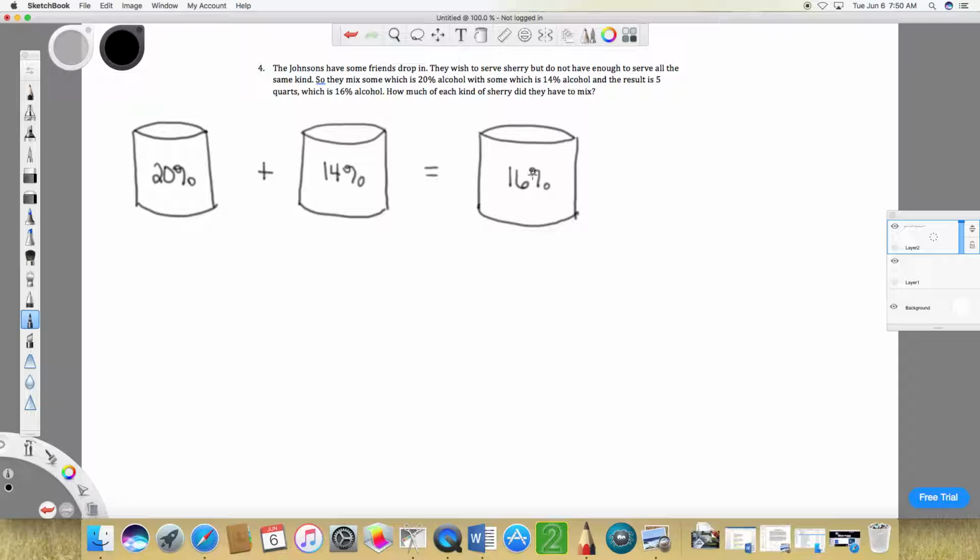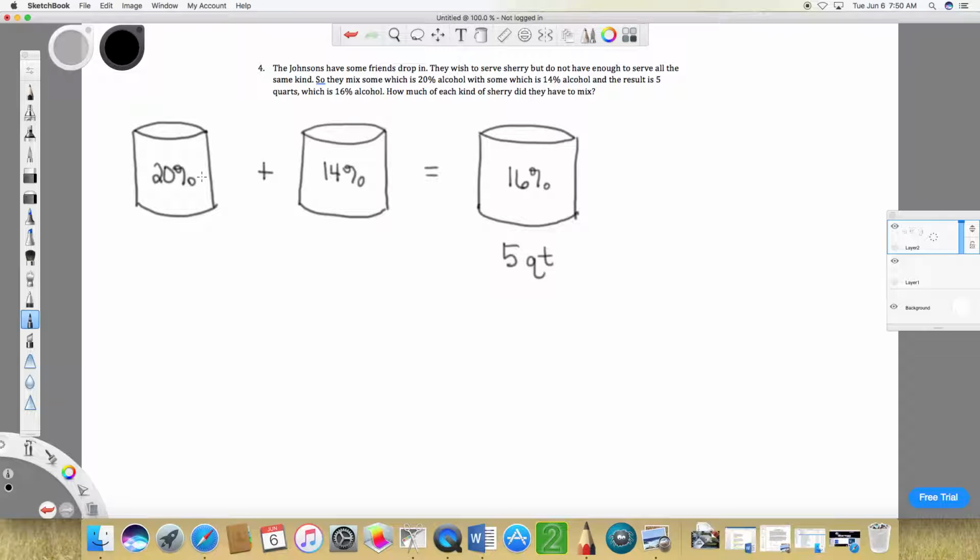That result, that final concentration, is always a number that's between my two concentrations. All right, so what we ended up with, the volume that we had, was 5 quarts. And it wants to know how much 20% did we use and how much 14% did we use.